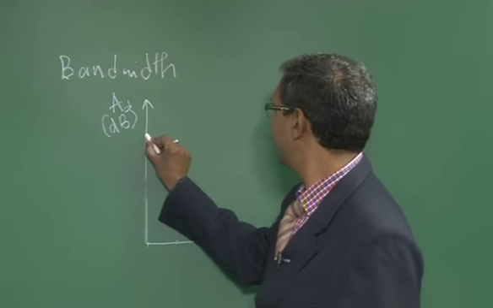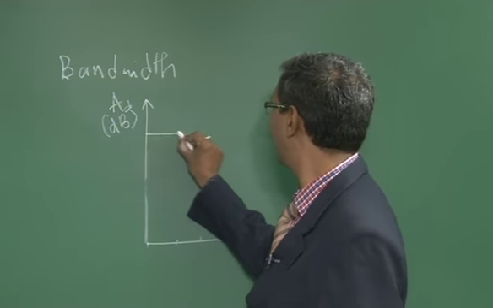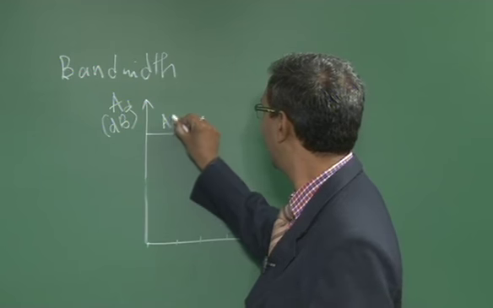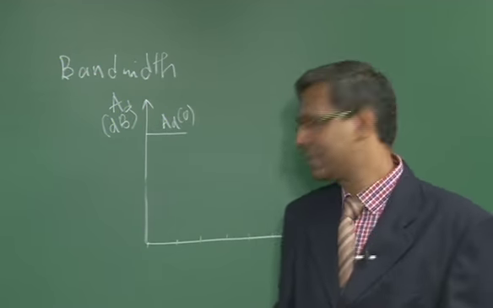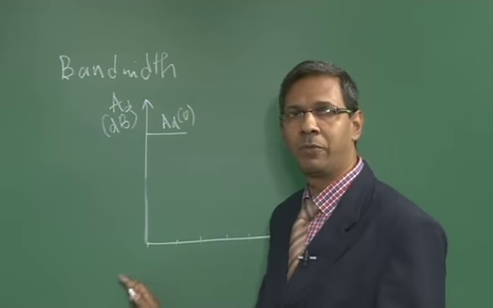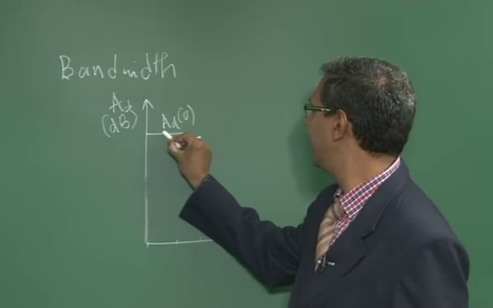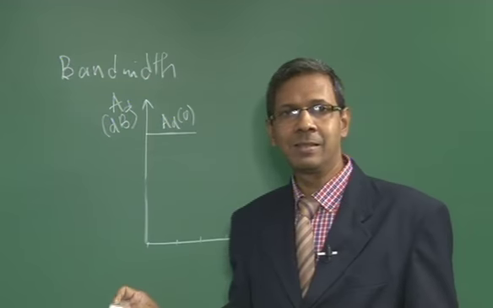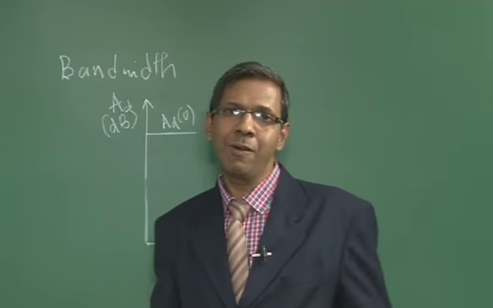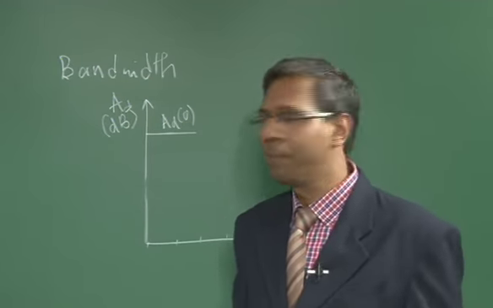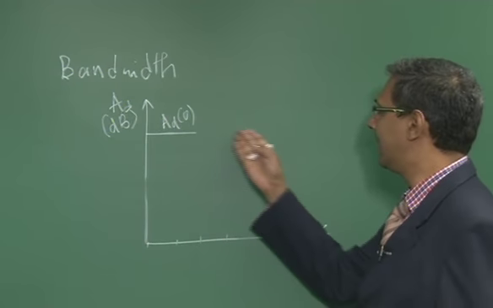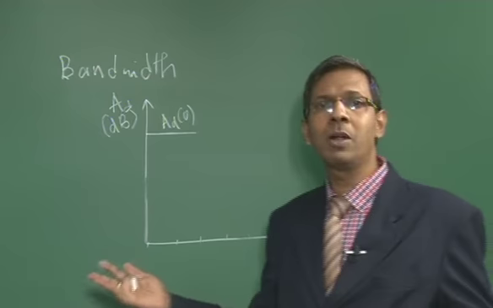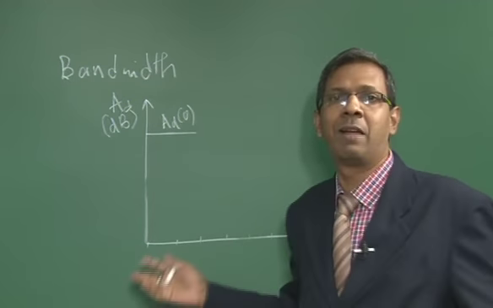Let us say we have a certain DC gain of AD0. Or you can even call it the gain at lower frequencies. If you have an infinite bandwidth amplifier, that would mean irrespective of the frequency, this gain is going to remain constant throughout this range from 0 Hz to infinite frequency.